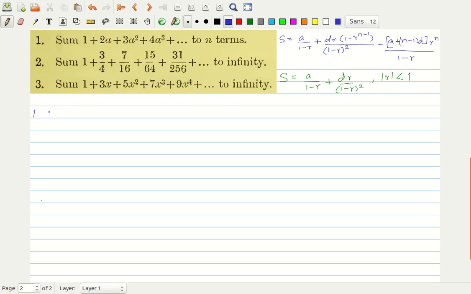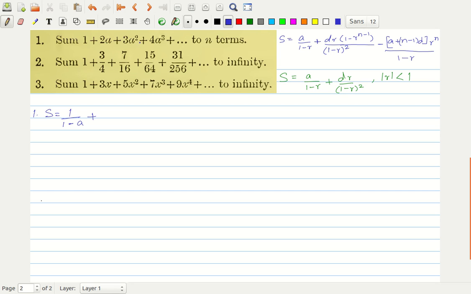We have to find the sum s is equal to 1 plus 2a plus 3a square plus 4a cube. So we can use the sum of n terms formula. Okay. Now the sum of n terms is a by 1 minus r. So in this case it will be 1 divided by 1 minus a, because the first term is 1 and the common ratio is a. So it is 1 divided by 1 minus a plus d times r.